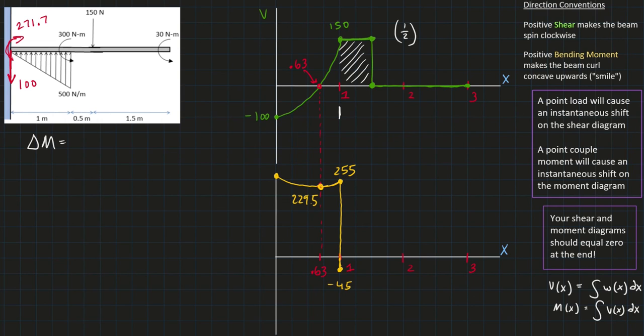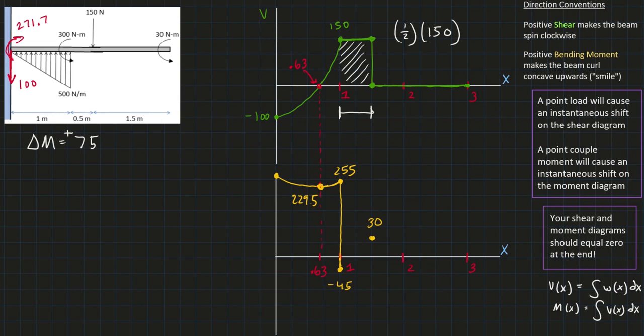That's from x is 1 to x is 1.5, times the height, which is a 150. That area will be 75, and it's positive area, so it's going to be a plus 75. So by the time I get to an x of 1.5, my m will be 75 higher than this 45. And that gets us 30 right here.